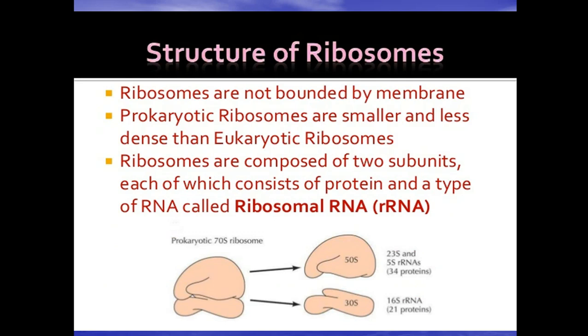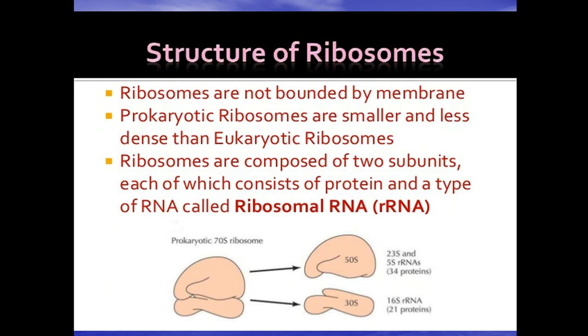Now, ribosomes are not bounded by membranes. Though all other cellular organelles are bounded by membrane, the ribosomes are not. Prokaryotic ribosomes are smaller and less dense than eukaryotic ribosomes.